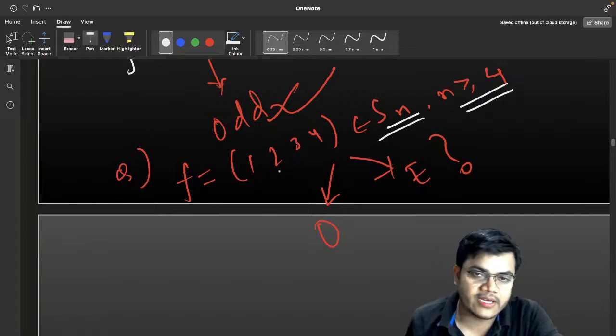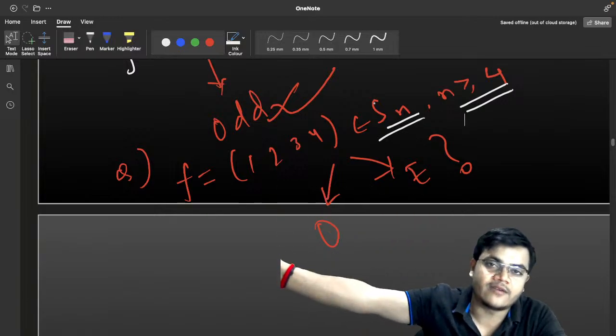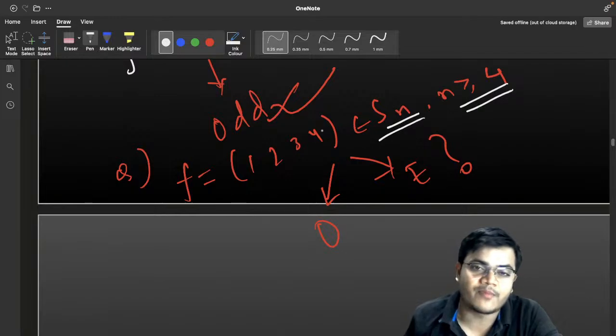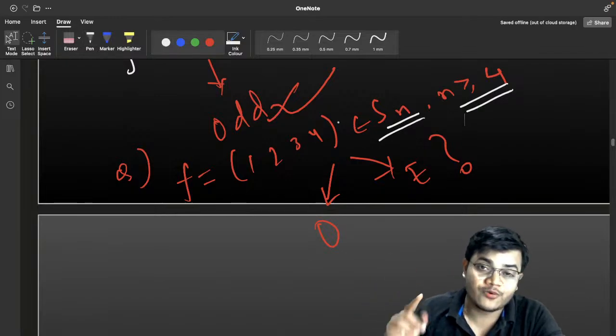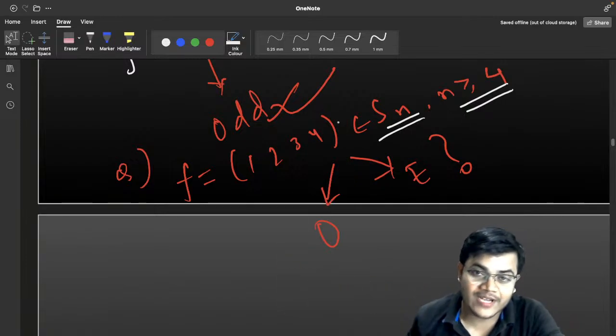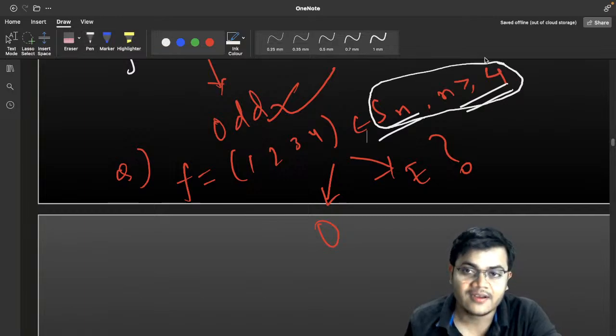You can take (1 2 3 4) from S4, no matter from S5. If you are taking S5, it means 5 is constant. If you are going to take S6, it means 5 and 6 are constant. So that's why these notations are over here, so don't confuse with it.